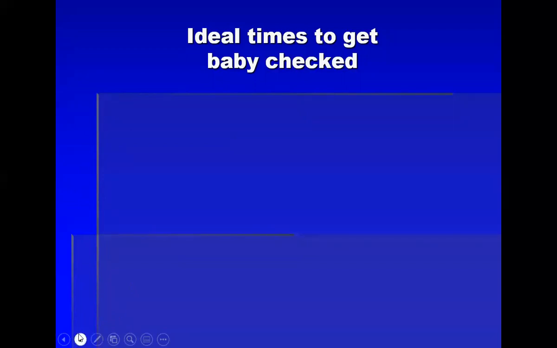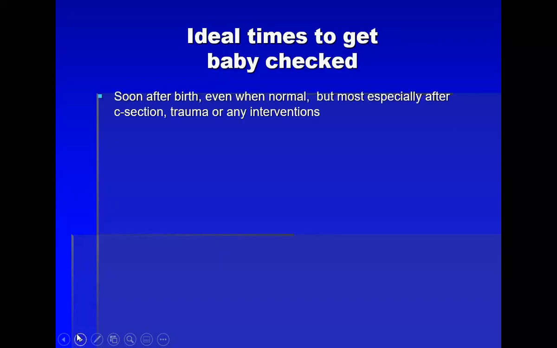Sometimes I go to your births, and if you're having your birth at home or in a birth center, I love to go to births and adjust you during labor, and then adjust you when the baby is out, and adjust the baby as well. But short of that, for moms who are not our patients, we always stress that babies born through a C-section or that have any kind of trauma or interventions during the birth process need to be checked.